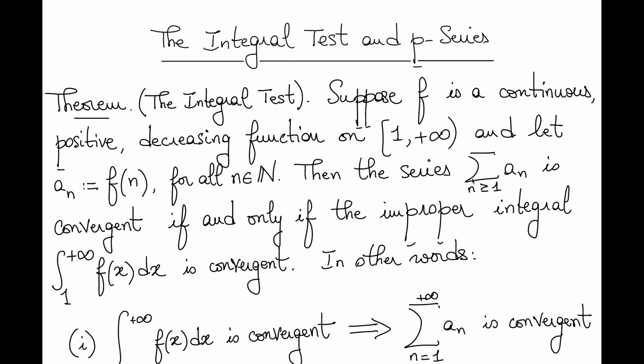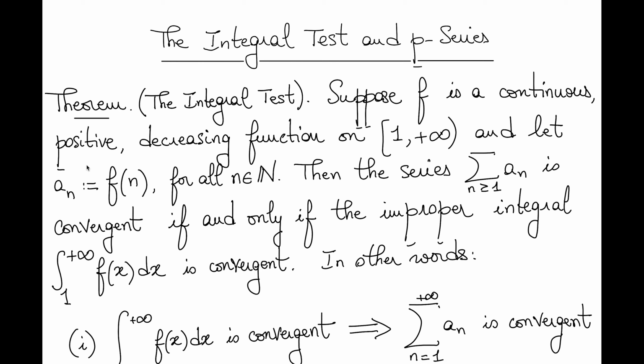Under these hypotheses, you have the following: the series whose terms are the a_n is convergent if and only if the improper integral from 1 to infinity of f of x is convergent.